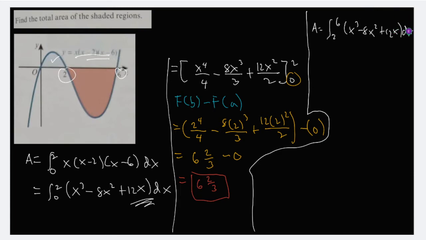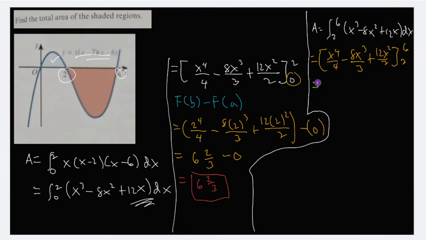The only difference is the limits. The result of integration will also be the same, varying only on the limits. That would be x raised to 4 over 4 minus 8x raised to 3 over 3 plus 12x squared all over 2, with limits from 2 to 6.